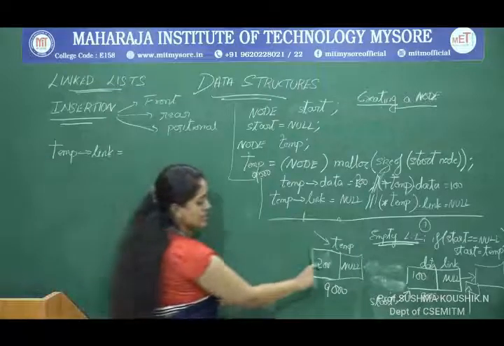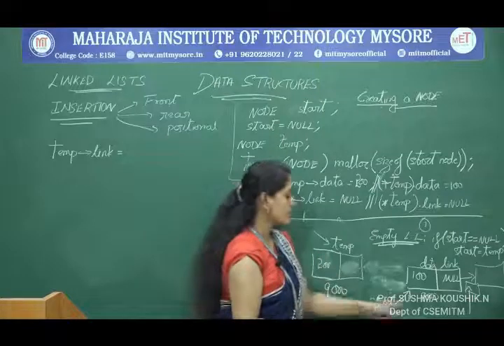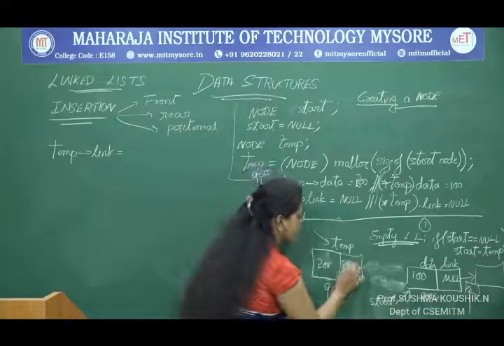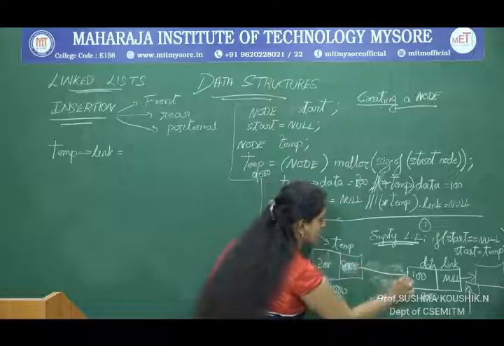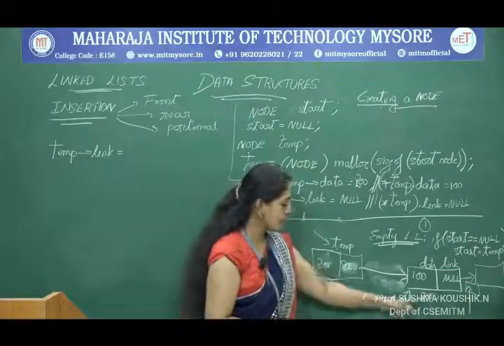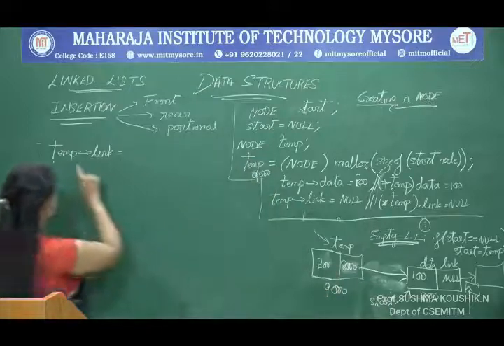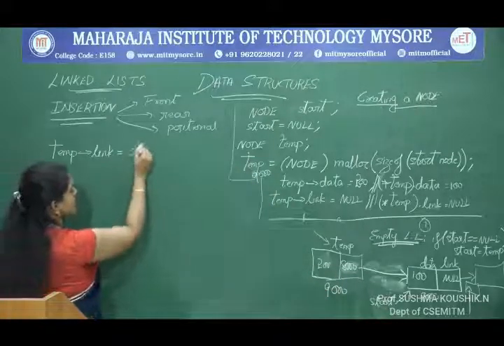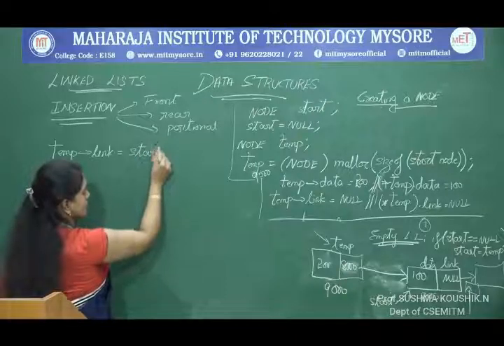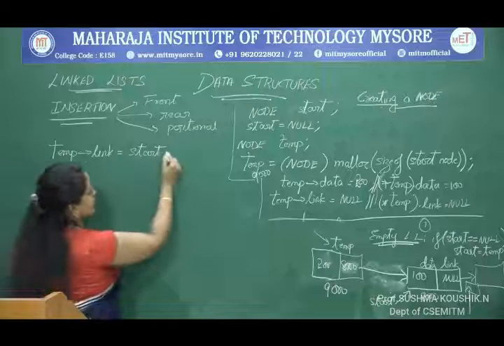What address does it have to hold for us? Yes, you are right. It has to hold the existing linked list's node address, which is 8000. From where do I get 8000 now? 8000 is pointed by a variable called start. So, I will write temp of link is equal to start. So, this one line will do front insertion for us.